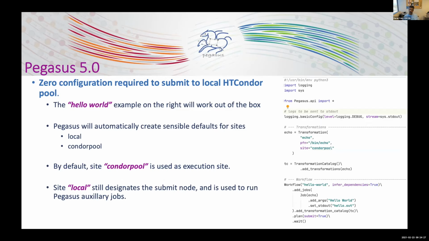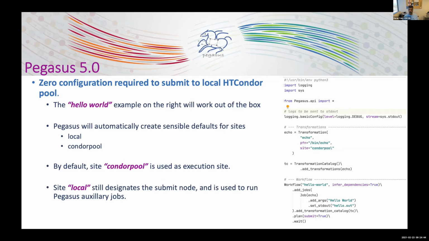Another thing which we really focused on in Pegasus 5.0 was, we wanted to lower the bar for people to start running simple workflows. So, we strive to have this notion of zero configuration required to submit to a local HTCondor pool.